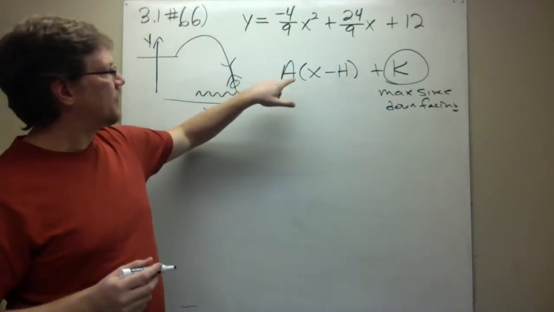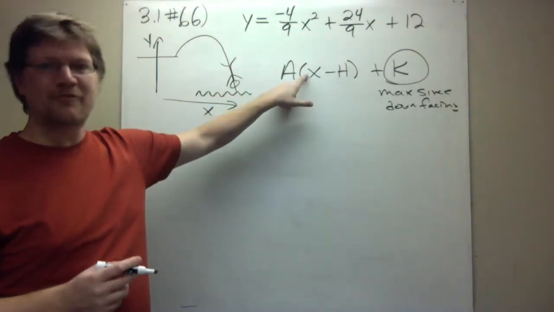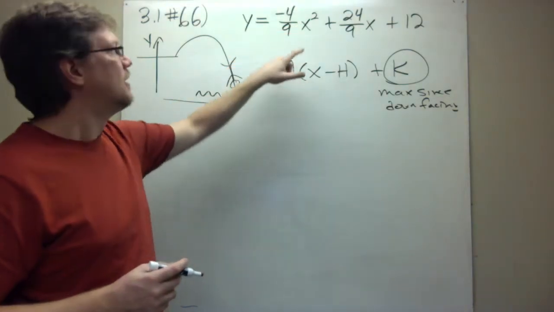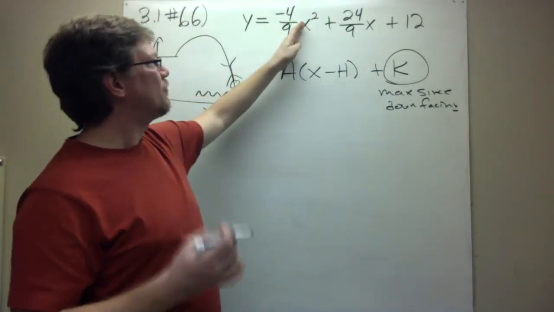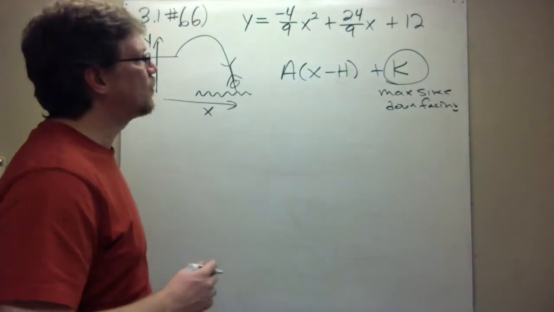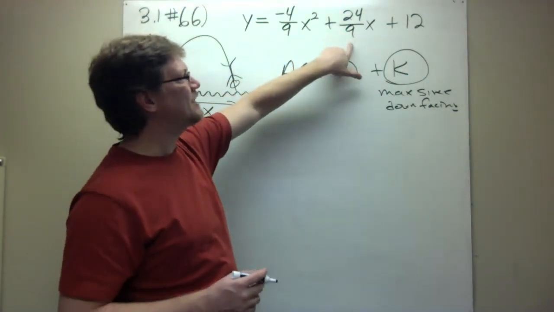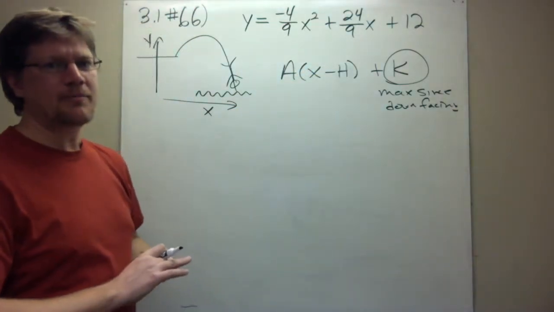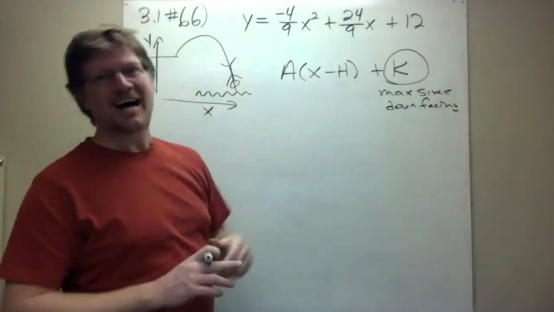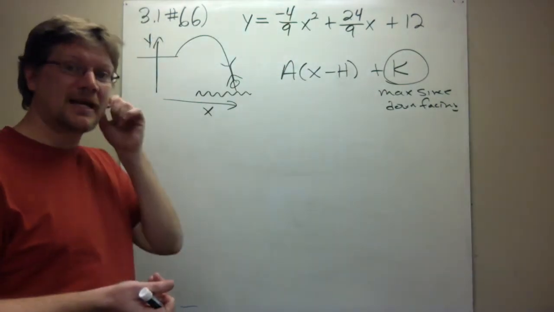So, to do this, I need a 1 in front of my x squared. I do that by pulling a minus 4/9 out of my x squared, as well as a minus 4/9 out of my x. So how can I pull a negative out of something that's positive? Well, remember that a positive is a negative times a negative.